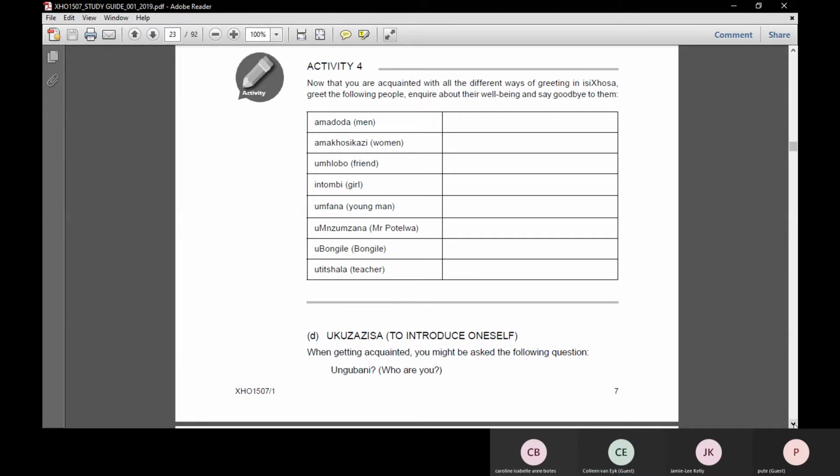Ask them if they are well. Ninjani. Ninjani is correct. And they would reply.